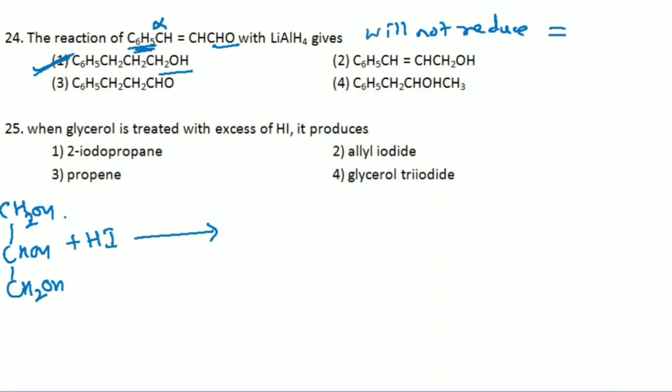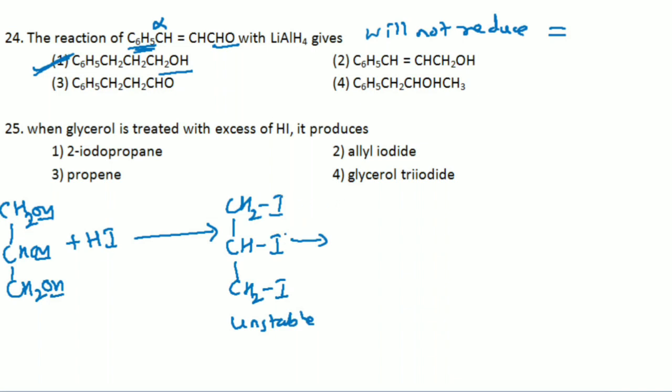Now what happens is all those OH are replaced by I. See, CH2I, CHI, CH2I, like this. Now such type of compound is unstable. Very important, remember, such type of compound is unstable. Hence immediately iodine is removed as minus I2, so that it will form CH2 double bond CH, single bond CH2I, like this you are going to get.